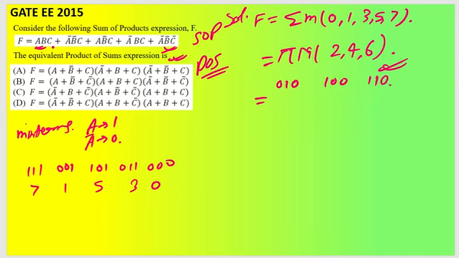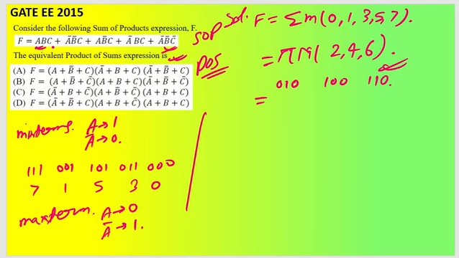And you know for max terms you have to keep this in mind: A will be considered as 0 and A bar will be considered as 1, right?